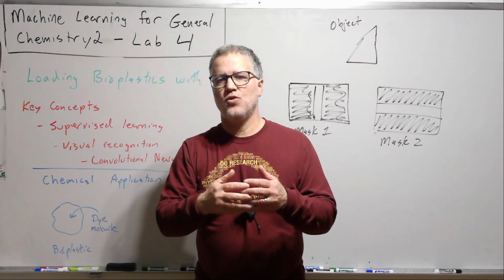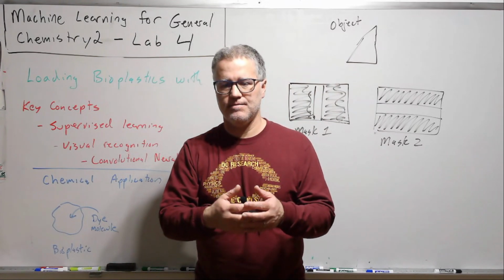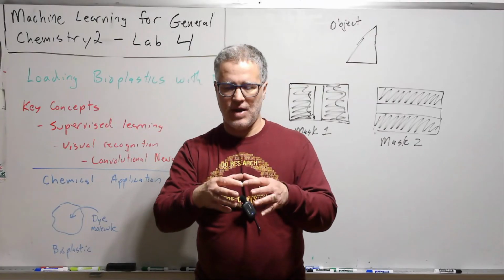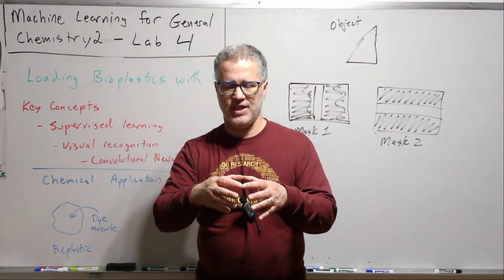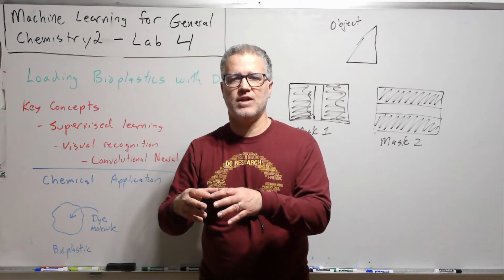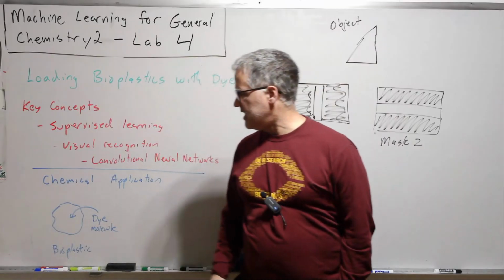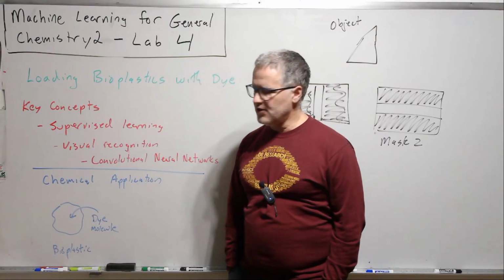And so one thing that you might be interested in is having a machine learning look at the bioplastic, identify its loading level, its loading percentage, and then move it on to the next phase in whatever needs to be done. So we're going to be looking at, again, supervised learning.